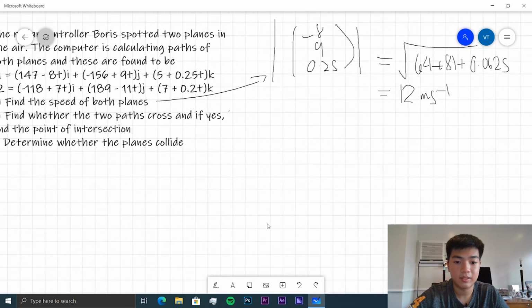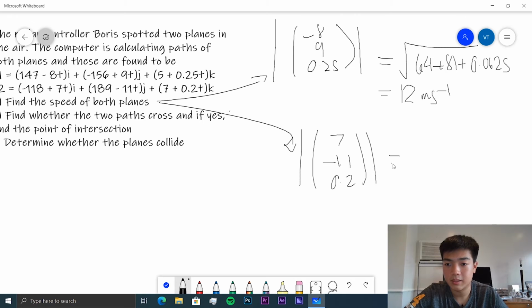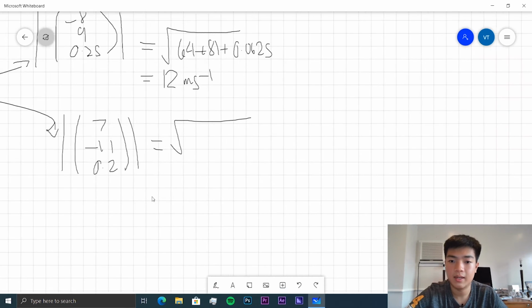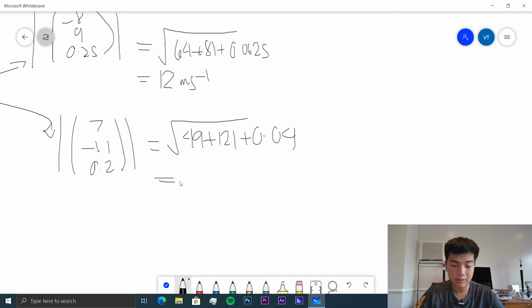Okay, next, for this lower plane, this is equal to the magnitude of 7, negative 11, and 0.2, which is equal to the square root of 49 plus 121 plus 0.04. Square root that, it's around 13 meters per second.